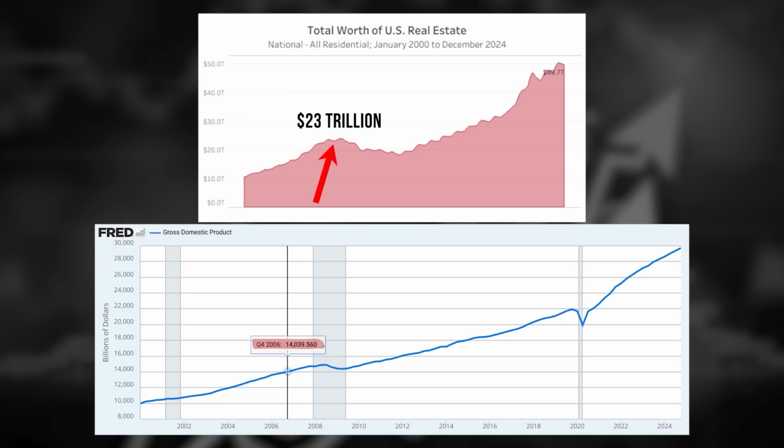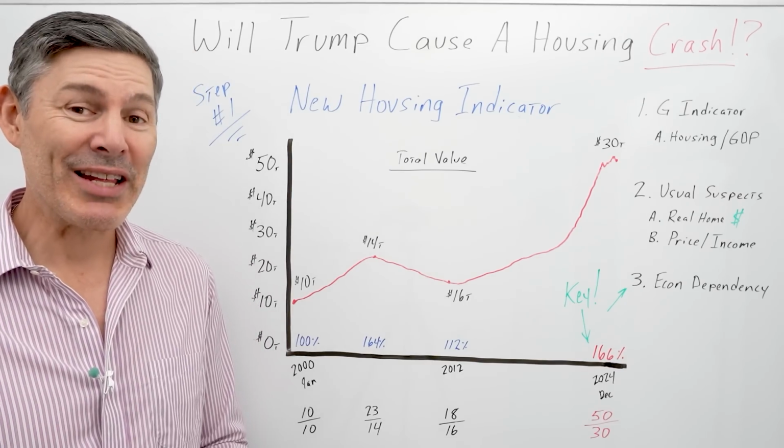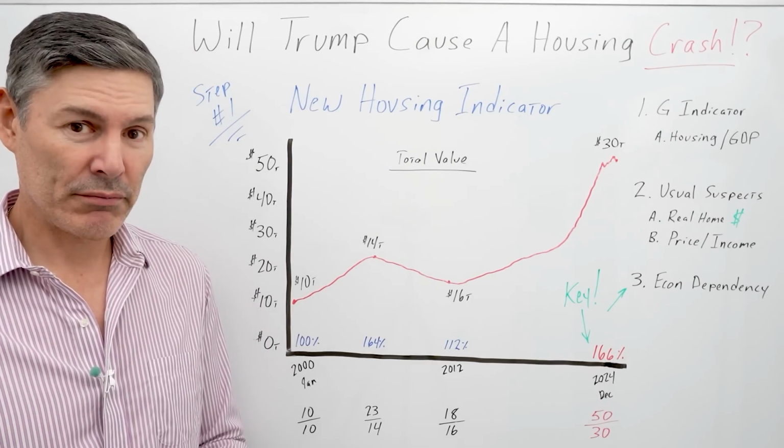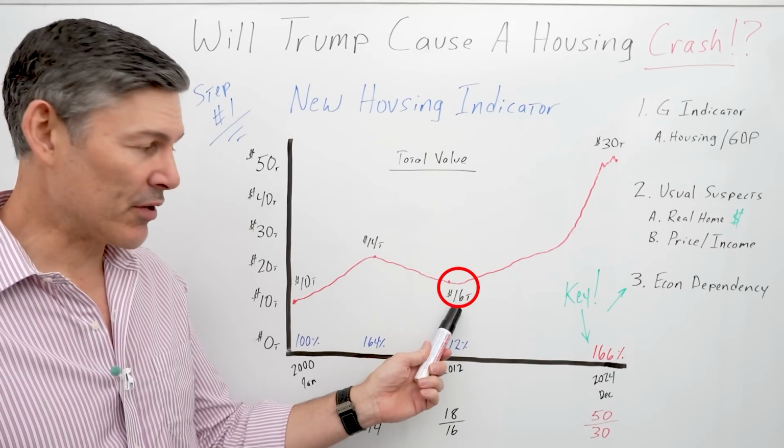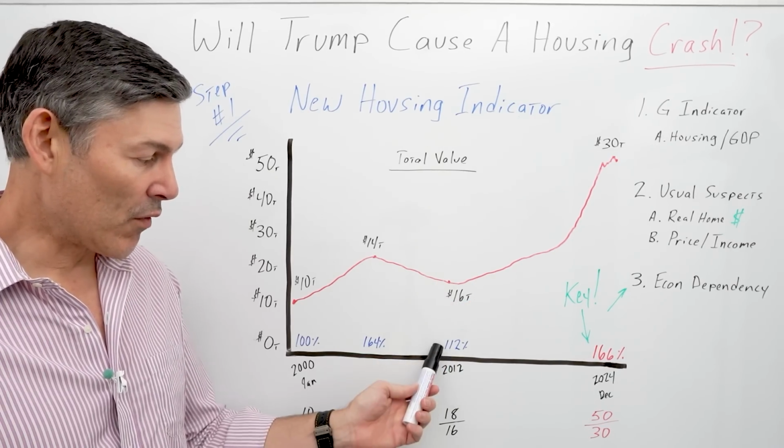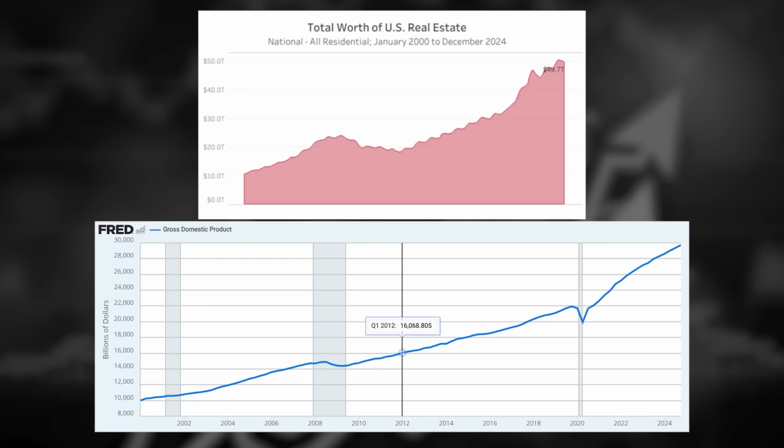So that gives us a G indicator of 164%. Then we go to the bottom, the lows in 2012, and there we're around 112%, around 16 trillion for GDP and 18 trillion for the total value of the housing market.